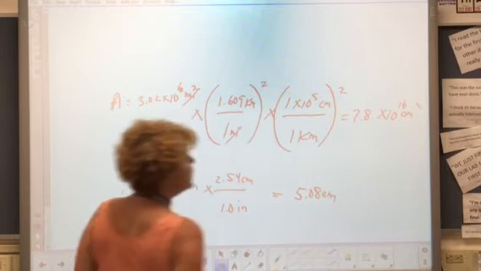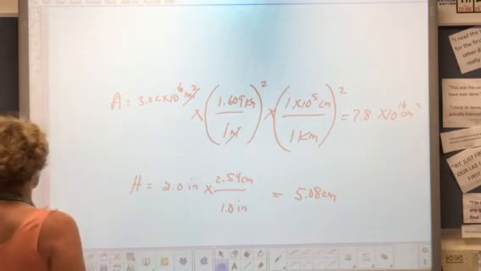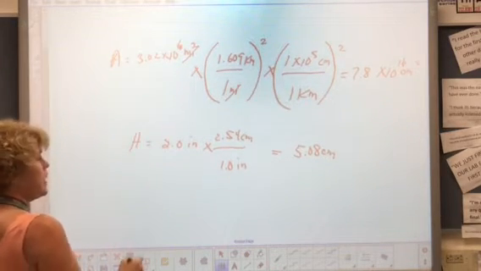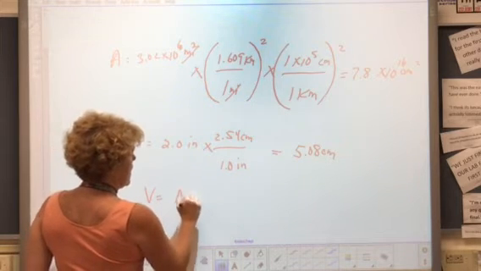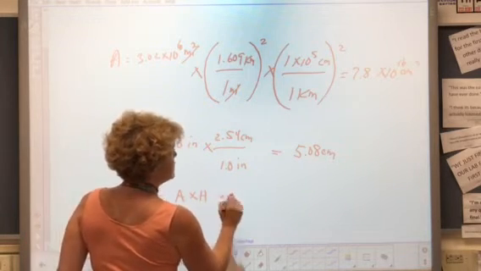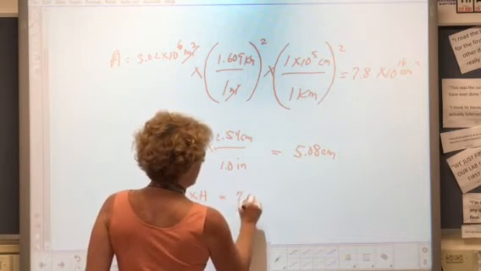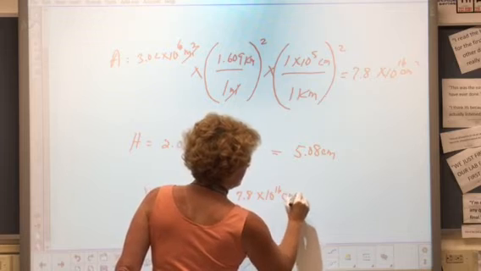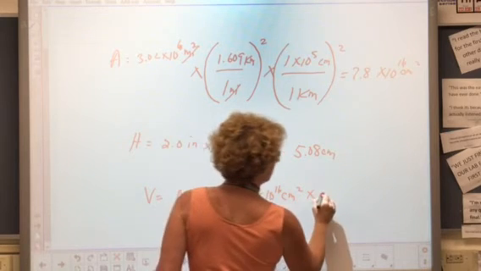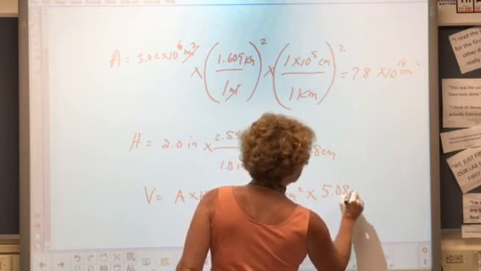Now all I have to do is multiply them together, because we remember from the original equation that the volume is equal to the area times the height. So that's going to be equal to 7.8 times 10 to the 16th centimeters squared times 5.08 centimeters.